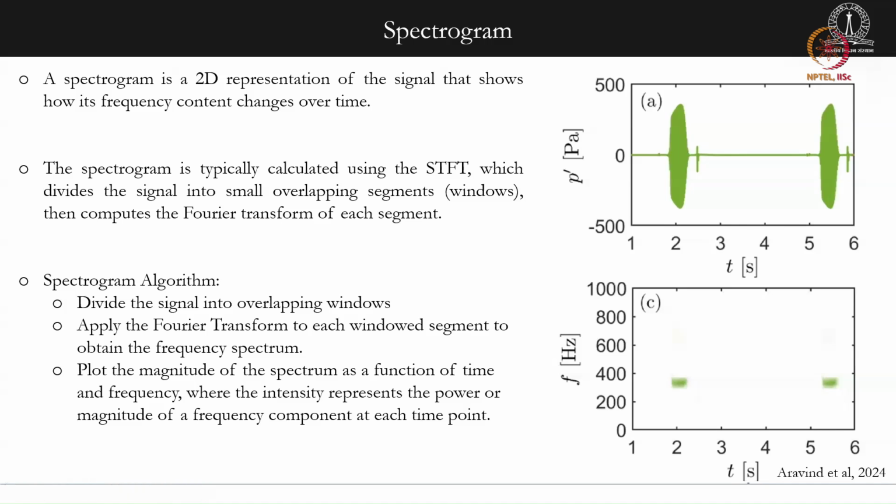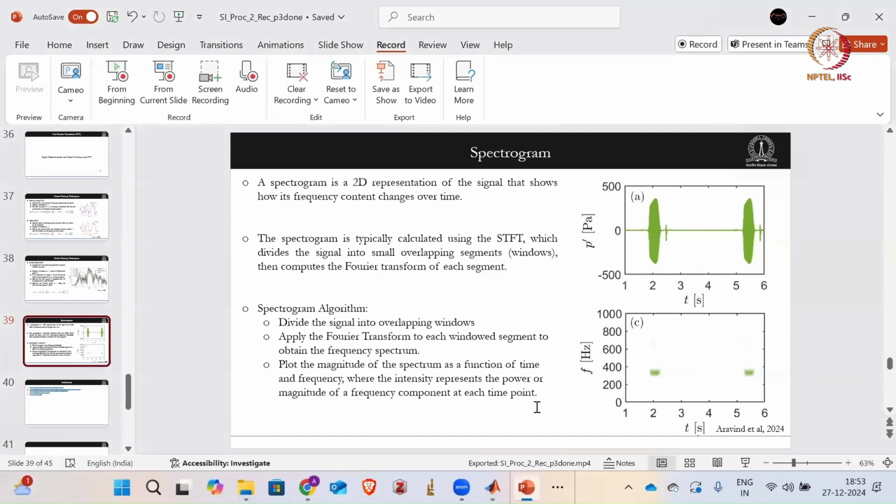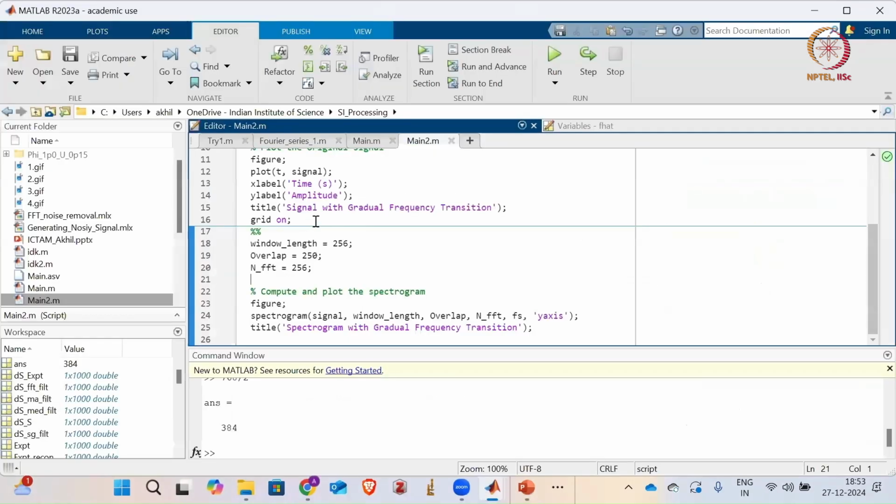The way of implementing this in MATLAB is pretty easy. It directly uses a function called spectrogram. The inputs that we need to give to this function are the data signal, whatever we have, and the window length, which is the length of the window where FFT is computed.